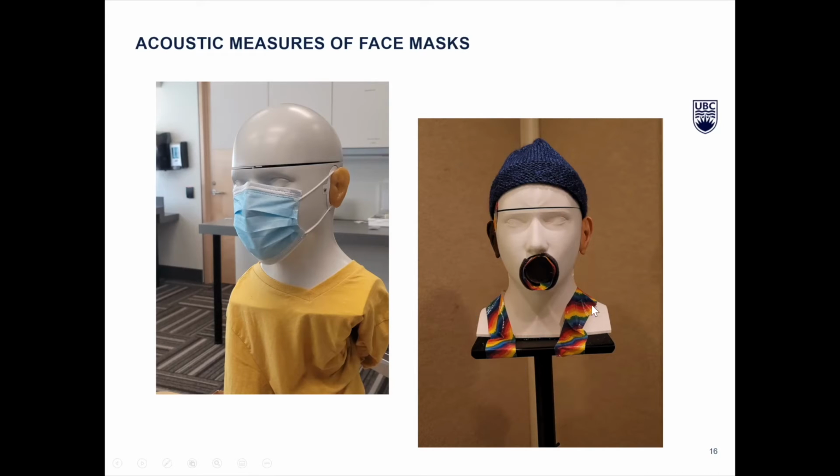We got this custom head built for us that had a mouth opening, and we put a loudspeaker in there, and that allowed us to put the face mask over the loudspeaker and then make some measurements of how the masks were changing the signals that we were producing. So that was a very fun project and a quick way to get involved with some of you folks.